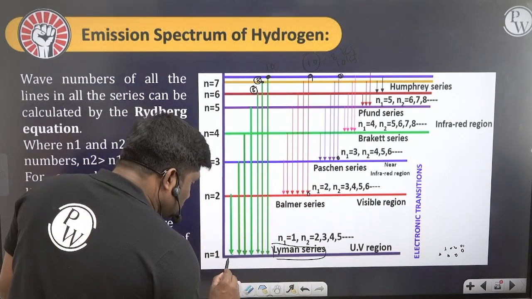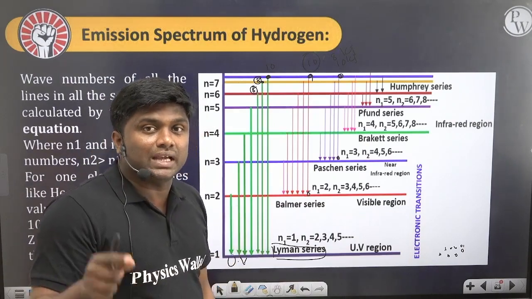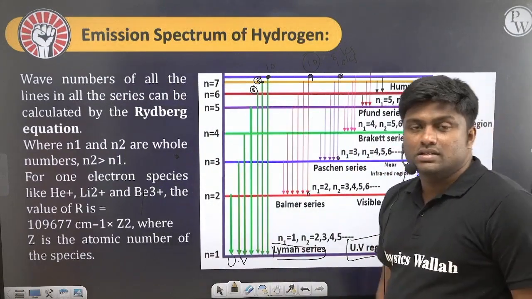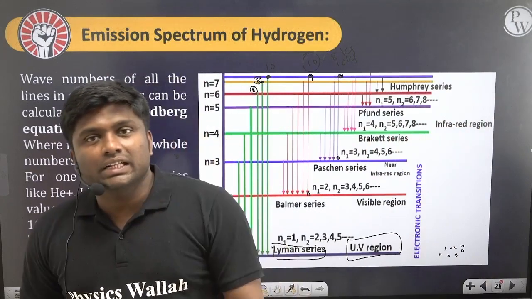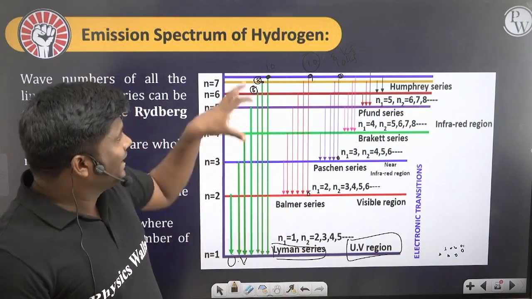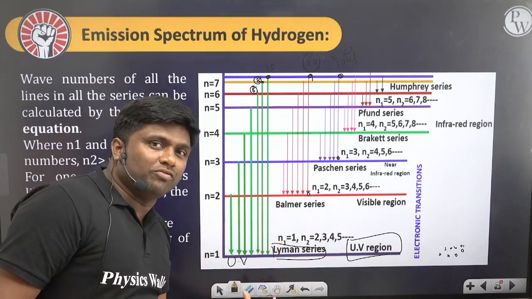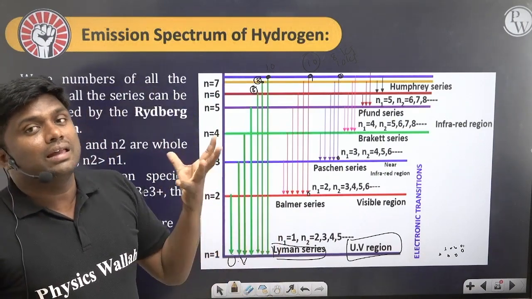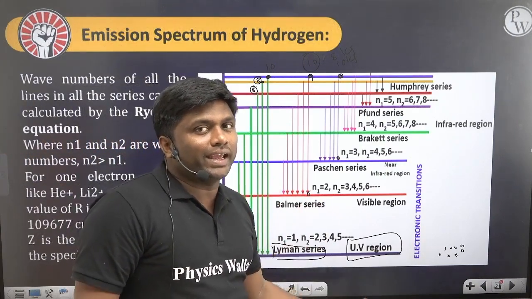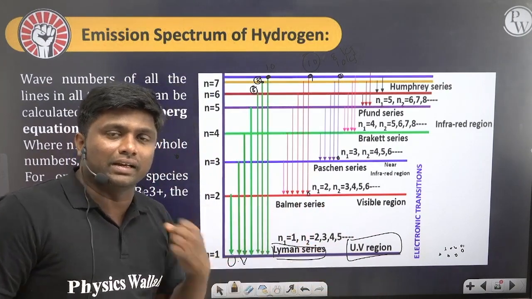When coming in the Lyman series, these electrons are releasing energy whose frequency and wavelength is equal to ultraviolet rays. Whatever the frequency and wavelength of ultraviolet rays, the same wavelength and frequency is released by those electrons coming from any higher energy level to the n equals 1 first level. They release radiations which are equal to the wavelength and frequencies of the ultraviolet region.